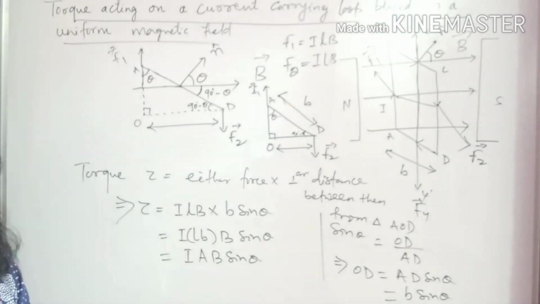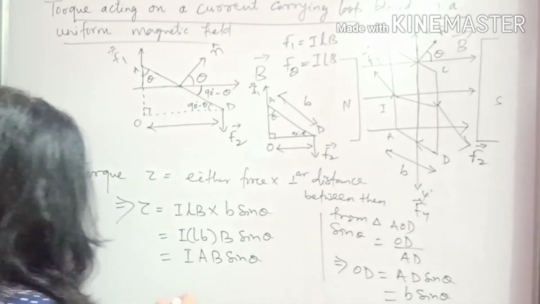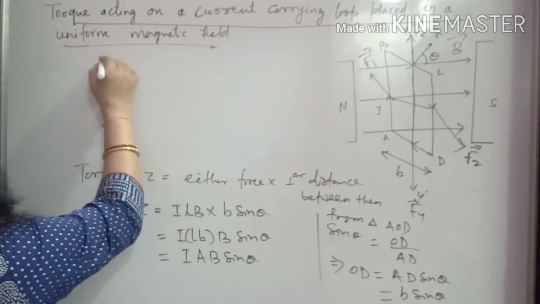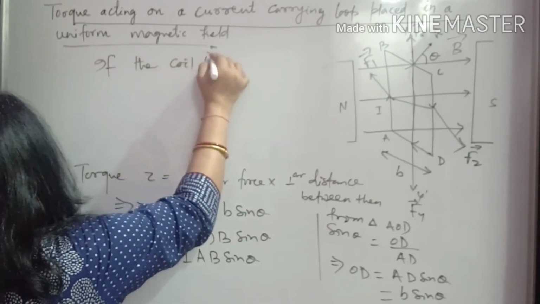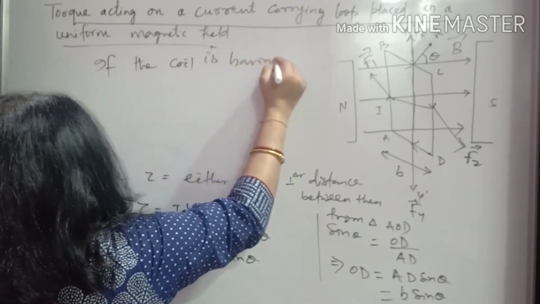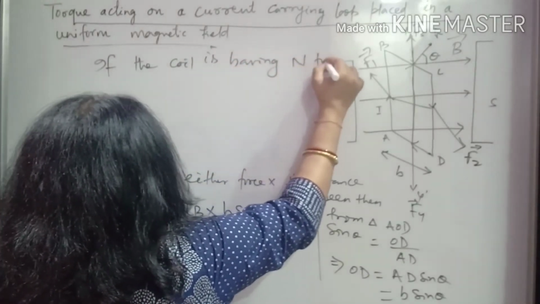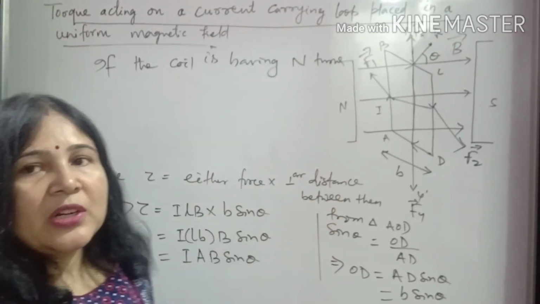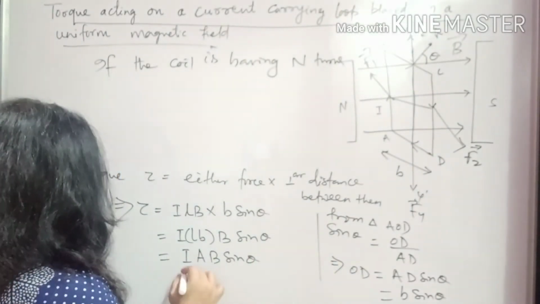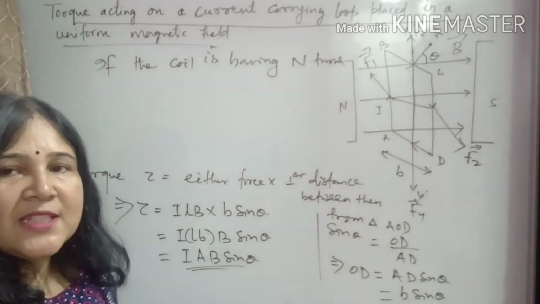Now suppose the coil has n turns. That means each turn will experience this much torque.